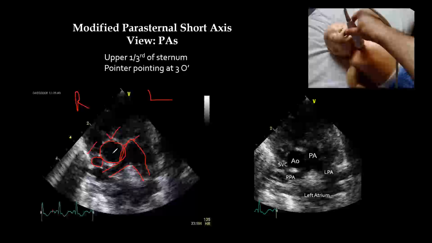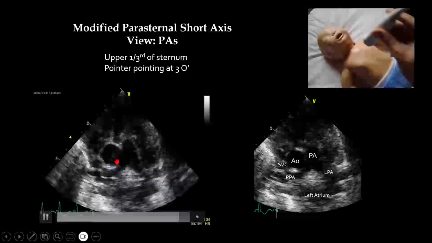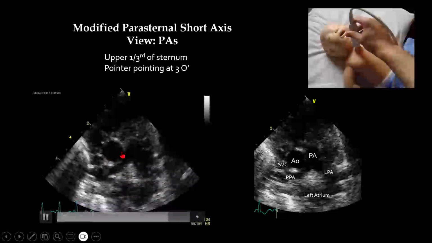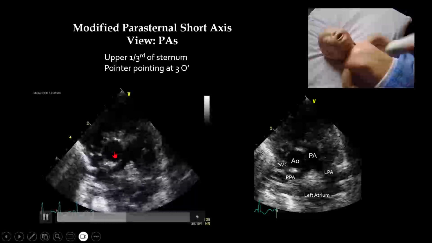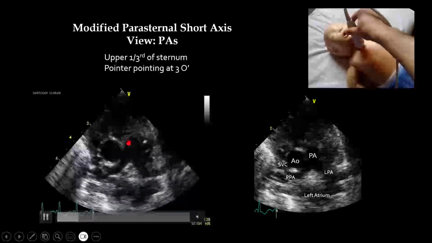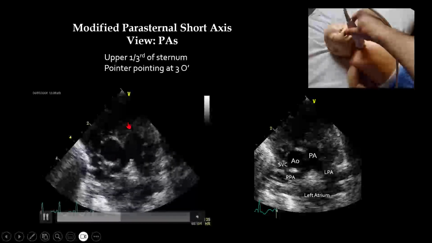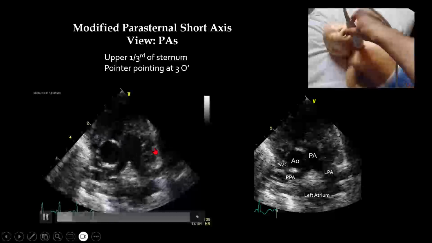And you can see the aorta in cross section is on the right and posterior to the pulmonary artery. This is important because this is the normal relationship of pulmonary artery and aorta. Normally, the aorta in this view is always right and posterior to the pulmonary artery.